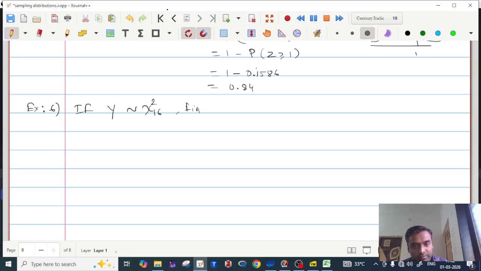Find the probability of Y less than or equal to 20.465. Then the probability of 11.152 less than or equal to Y less than or equal to 26.296. The third is the median.